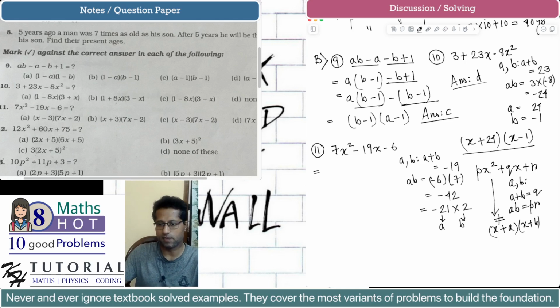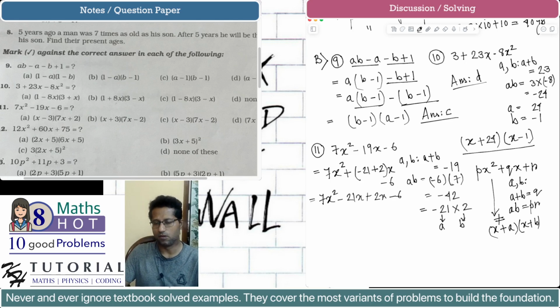Here we have considered a as minus 21 and b as 2. You have to proceed with the given expression, and express the coefficient of x, that is minus 19, as a plus b. That is, you will write minus 21 plus 2 into x, and we have minus 6. Then you simplify: 7x square minus 21x plus 2x minus 6, and then you form groups.